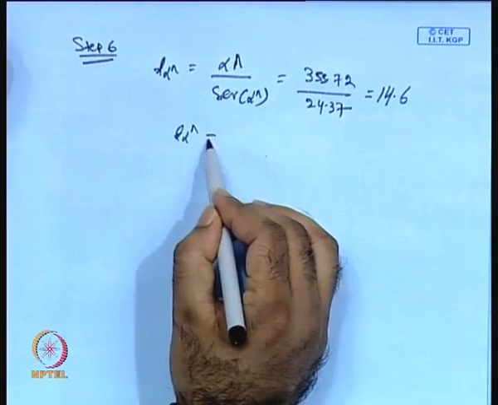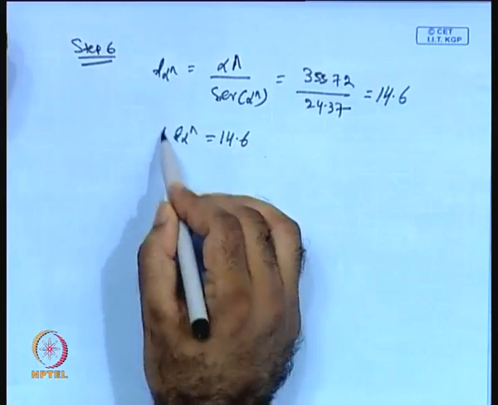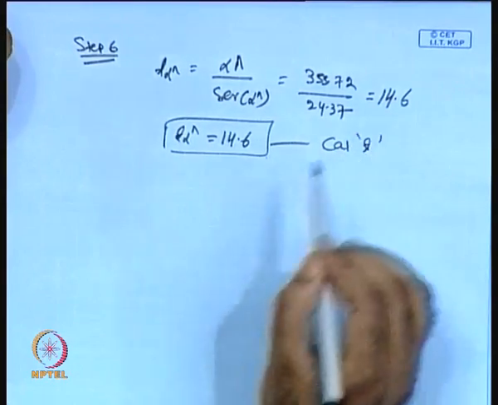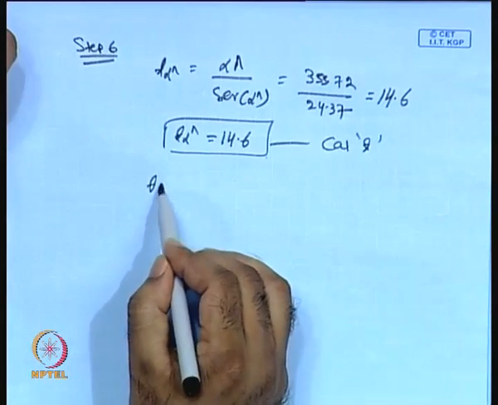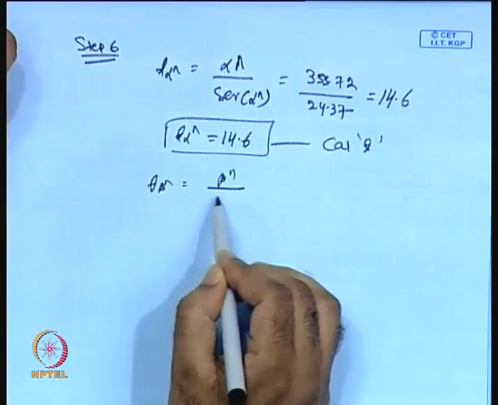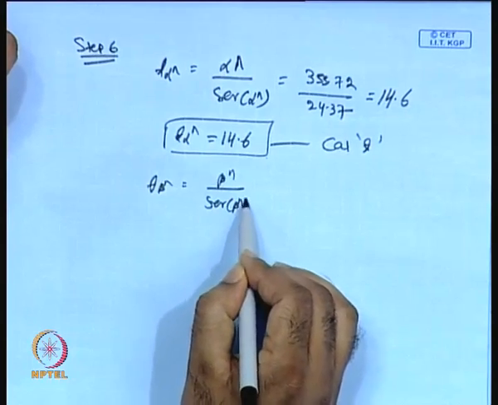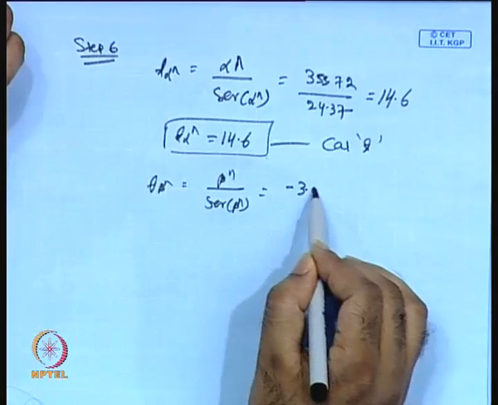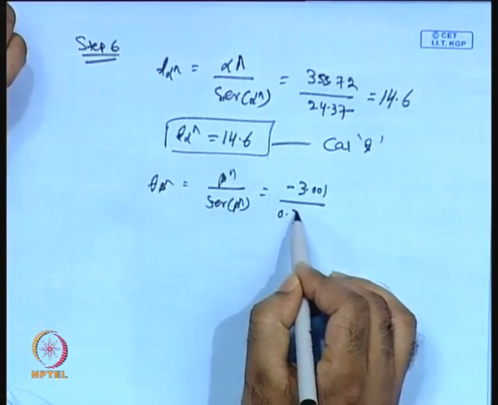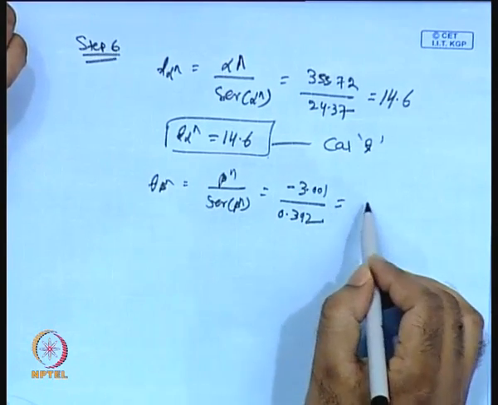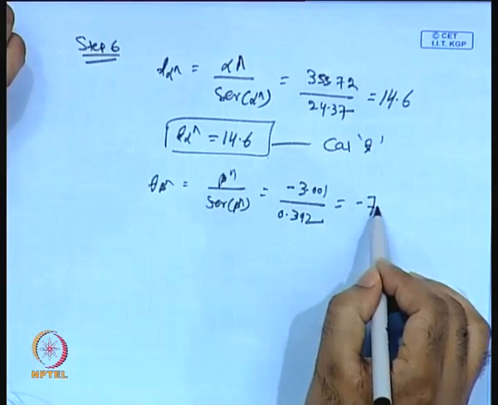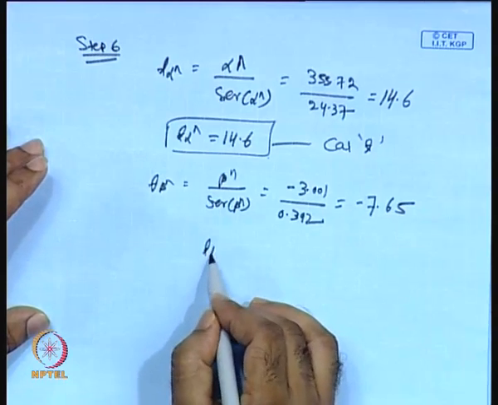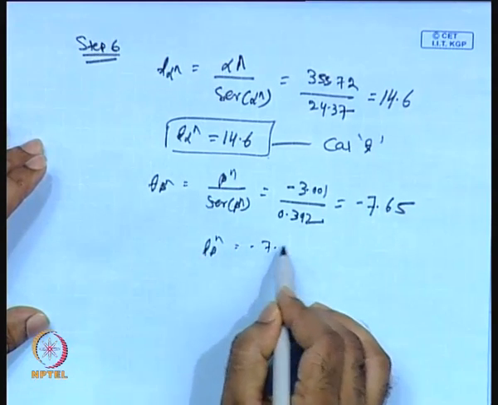This is the calculated T statistic. Similarly, T of beta head is equal to beta head by the standard error of beta head, which is minus 3.001 divided by 0.392, and if you simplify you will get minus 7.65.